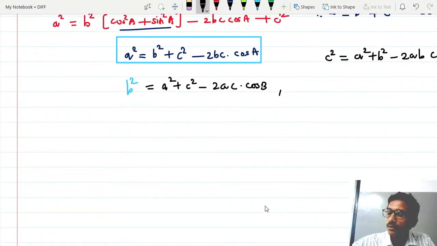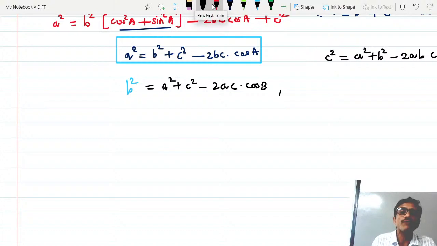Now, the cosine rule you can put in a different form. You should note that.